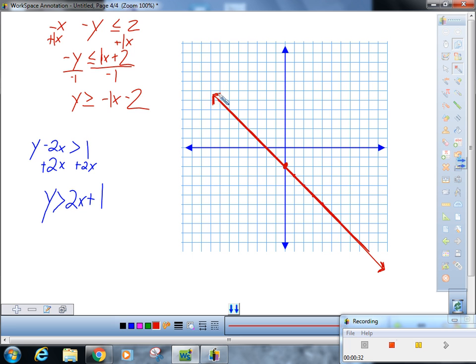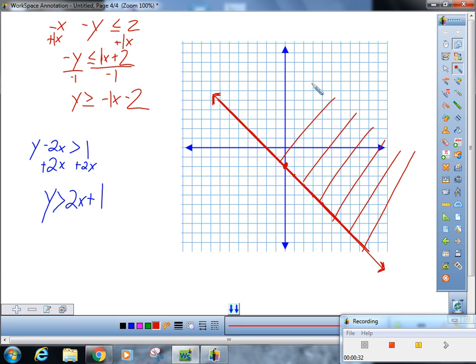We want everything above that line. Okay.